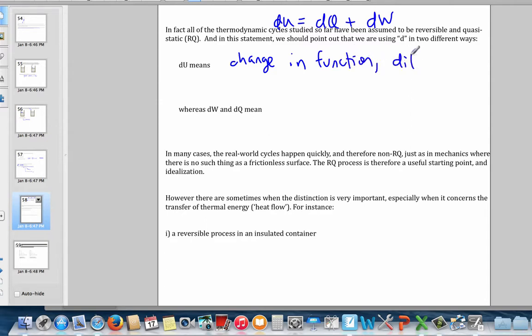It's a differential, a very small change in a function. And that's well defined mathematically. But dQ isn't defined because Q, strictly speaking, is not a function.